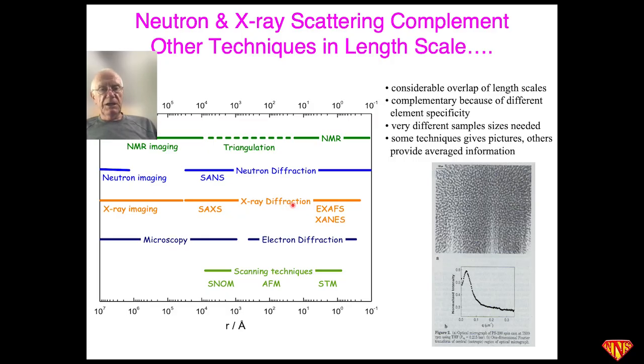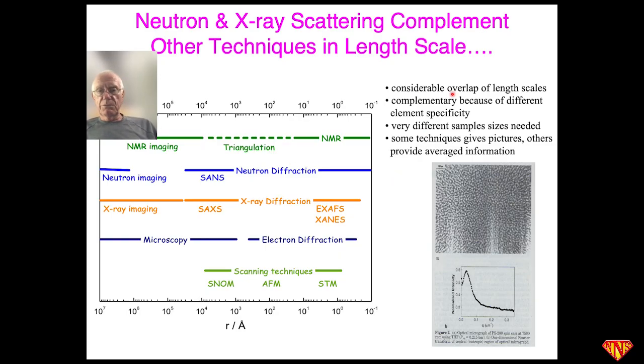An important thing that you get from this view graph is that there are other characterization techniques which cover similar length scales. And it is, of course, true that neutrons and X-rays are quite expensive to use because you have to go to a major facility. So if you can get away with doing microscopy or AFM in your lab rather than doing one of these two techniques, then that's probably the way you should at least start out.